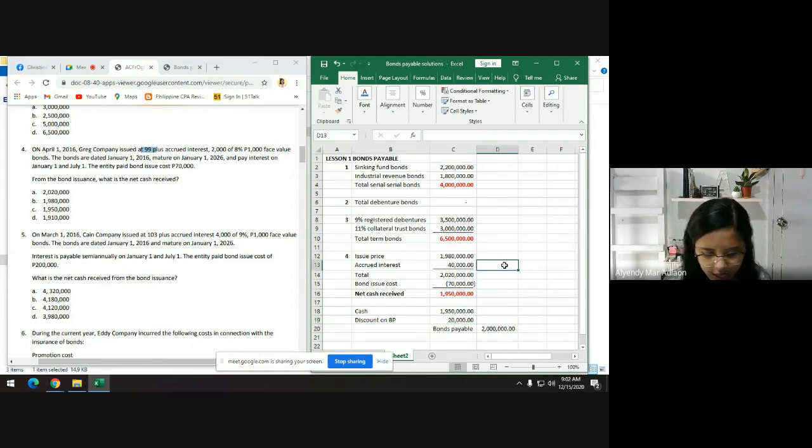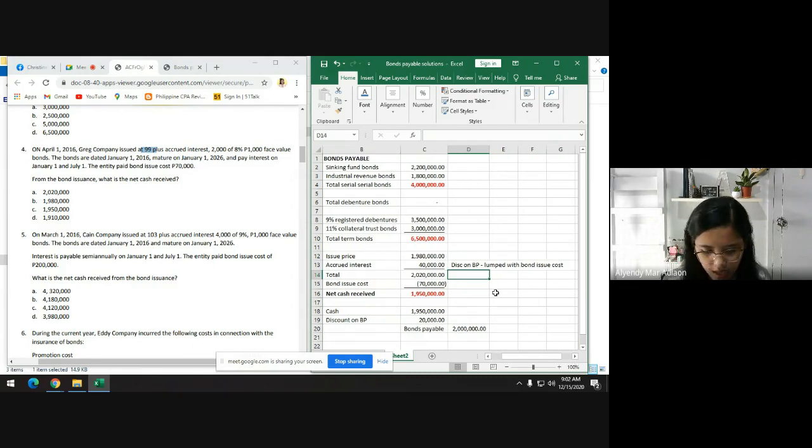If there is a discount on bonds payable, it will be lumped with the bond issue cost, so i-add nimo silang duha. However, if there is a premium on bonds payable, the bond issue cost will be netted against it.